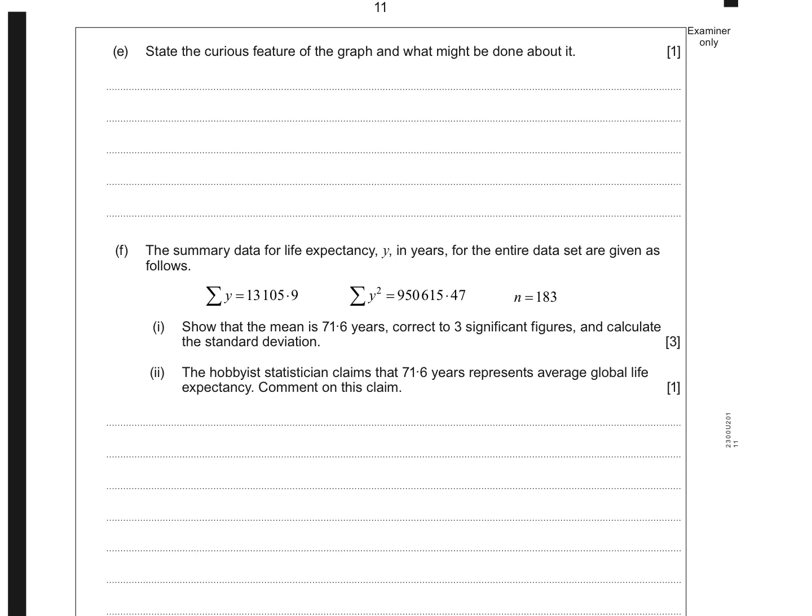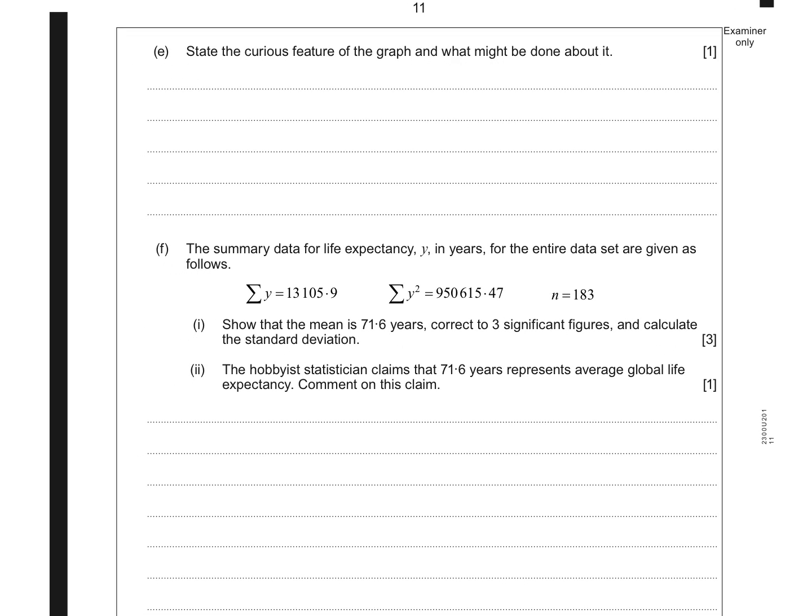State the curious feature on the graph and what might be done about it. So we had a number of countries with 0 years of schooling. What I would suggest is that we could probably ignore this data.